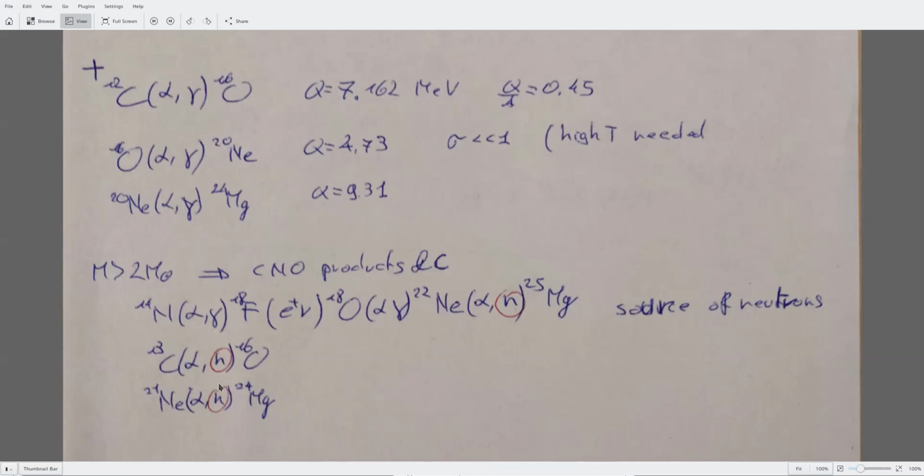Here, the main interesting part is that they are producing neutrons. These reactions are a nice production of neutrons that, as we'll see later, are important for another set of reactions.